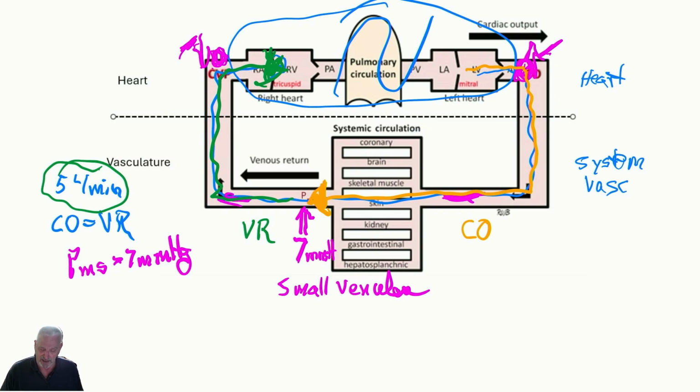And it's sort of the same arbitrary definition of cardiac output and venous return. And again, we're going to talk a little bit more about that, but we want to recognize that this 7 millimeters of mercury, no matter how fast the cardiac output goes, exists in the small veins.